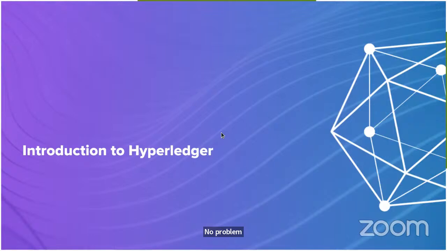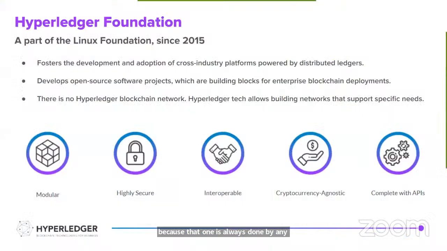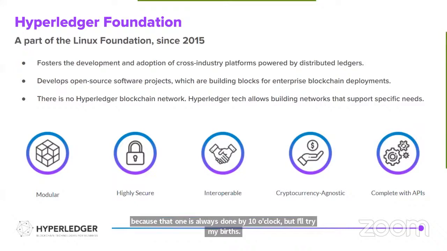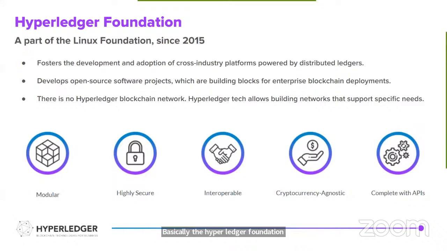All right, just a very quick intro to Hyperledger. This is not going to be the best possible introduction, because that one is always done by Daniel and Hart, but I'll try my best. Basically, the Hyperledger Foundation is a collection of open source projects aimed at distributed ledger technologies and tooling, interoperability around those. And there's just a couple of things that I want to highlight.